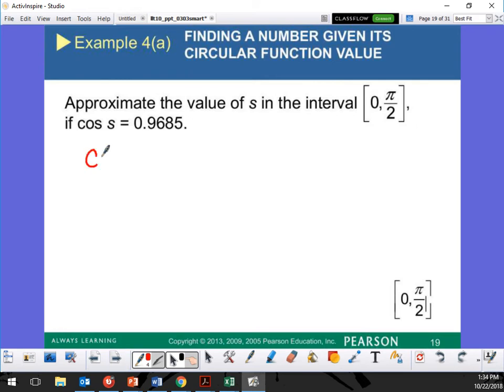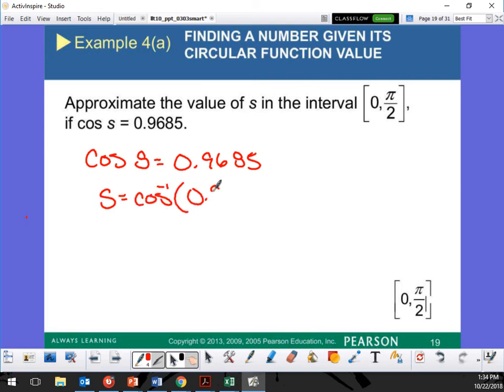Whenever we have cosine of s equals 0.9685, to get the variable by itself, I need to do the inverse. So I'm going to switch the variable with what it's equal to. So s equals inverse cosine of 0.9685.